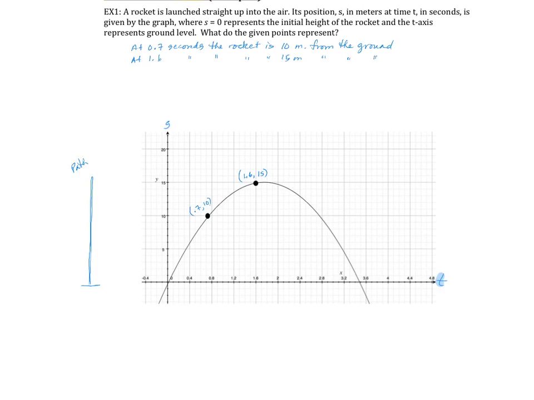What we're going to do is let S equal some function of time. Let's look at this graph. Remember, if I draw a line through the two points, that line would represent a secant line.